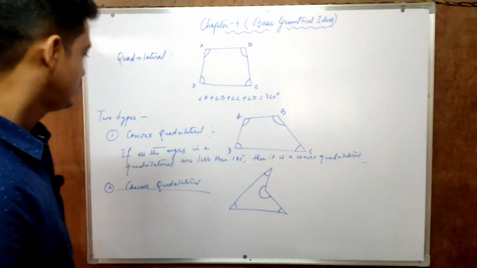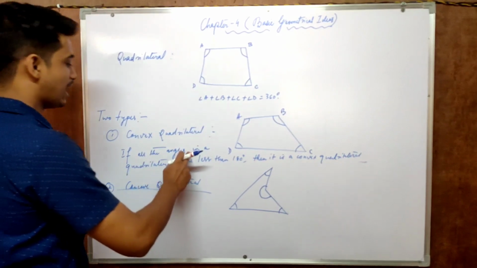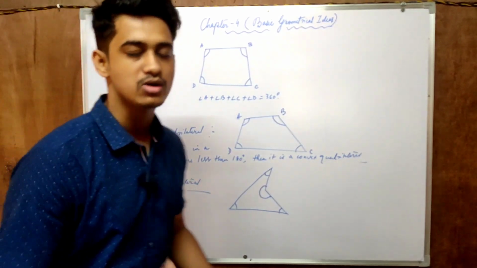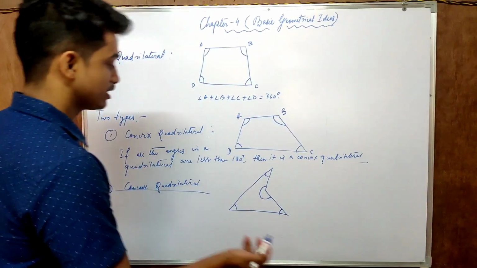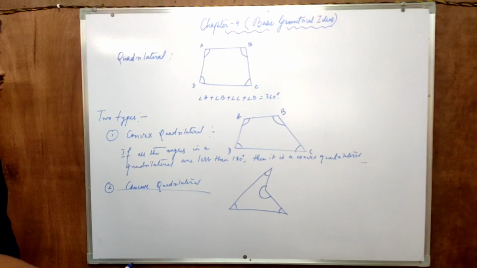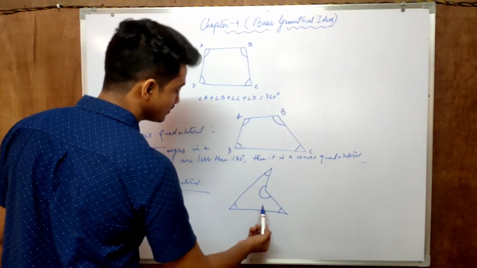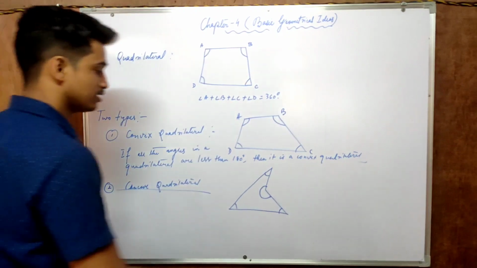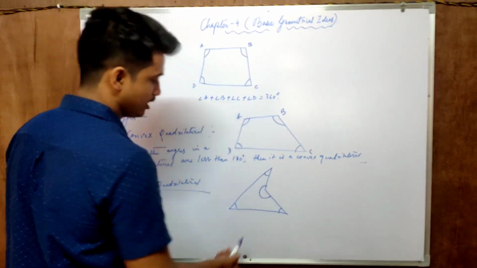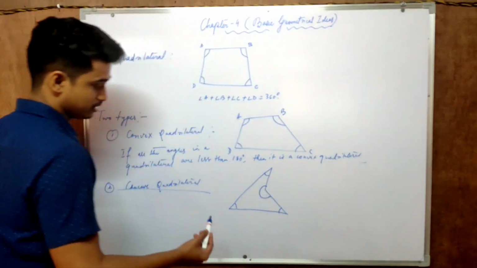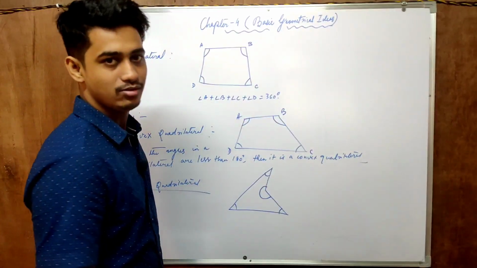That's why I have written that if all the angles are in a quadrilateral, not outside the quadrilateral. So when we are measuring the angles, we are primarily focused on the measurement of the interior angle, not the exterior angle. If you measure this part, you easily get a measurement which is greater than 180 degrees.